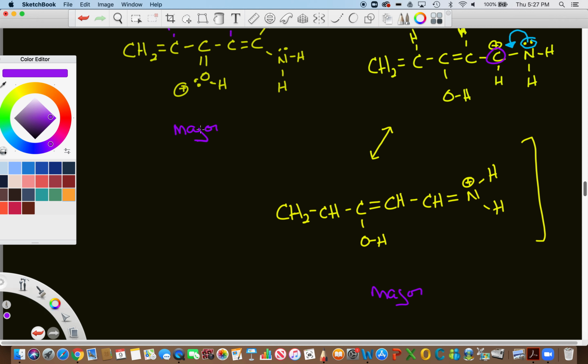And those increase the stability or likelihood of the molecule. So resonance structures, when we start moving them around, the better it is. The more likely the structure, it increases the stability. We're always looking for major products or major contributors to that resonance structures.